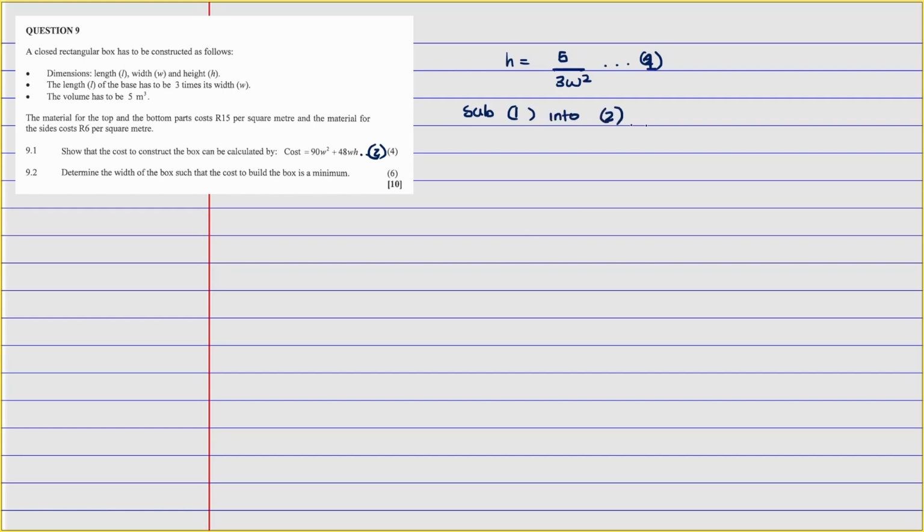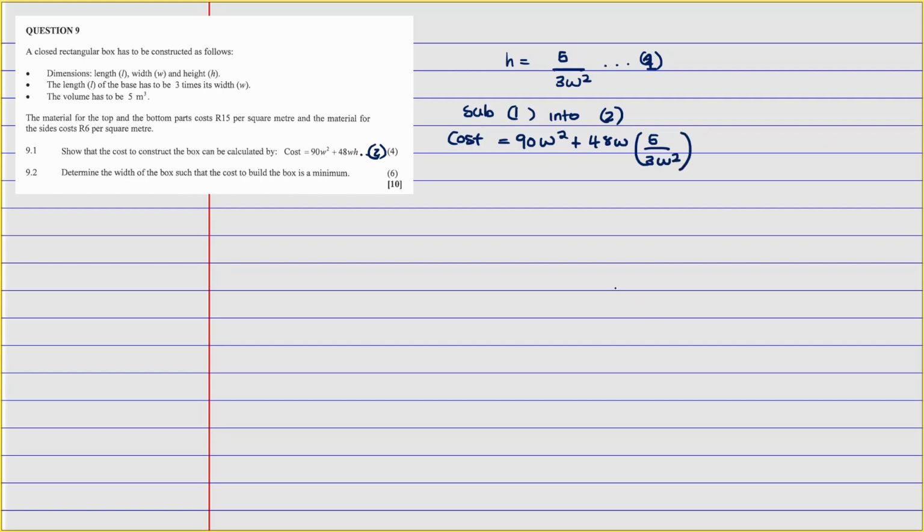So when we substitute, cost is going to be equal to 90 W squared plus 48 W, then open bracket, 5 divided by 3W squared.